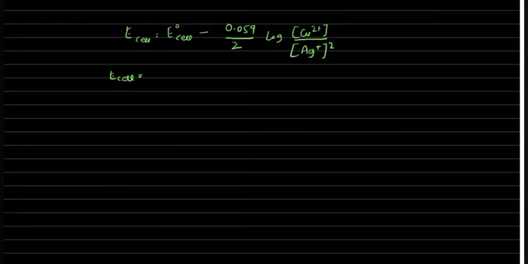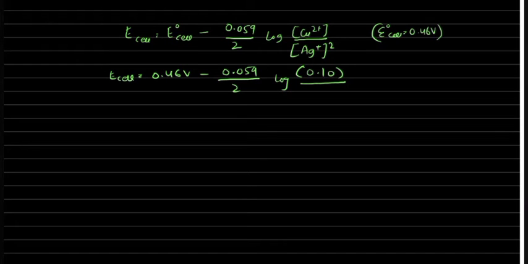E0 cell is already given, E0 cell is equal to 0.46 volt. We will put it in the formula: 0.46 volt minus 0.059 upon 2 log of copper 0.10 upon silver 0.001 squared.